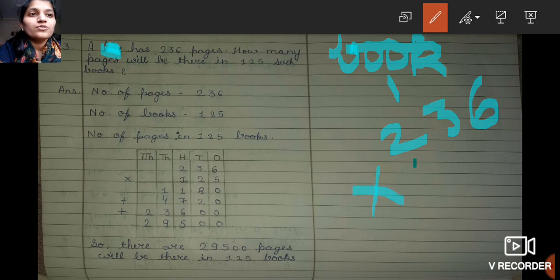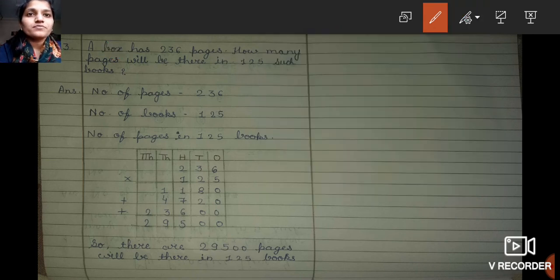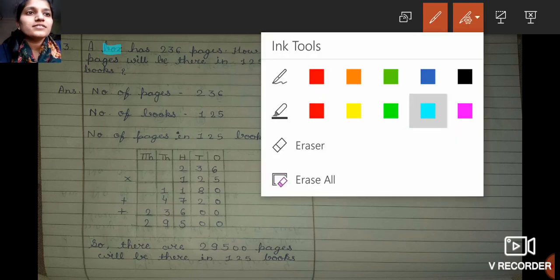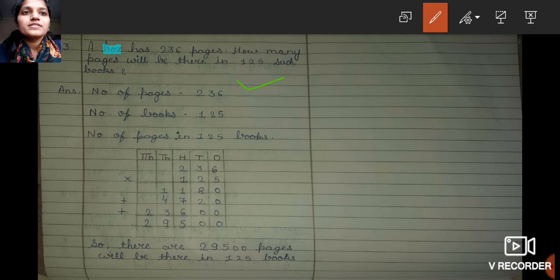So we know that we are going to multiply the number of pages by the number of books. First of all we have to write the number of pages, that is 236. Here you can see that I have written the number of pages, 236.